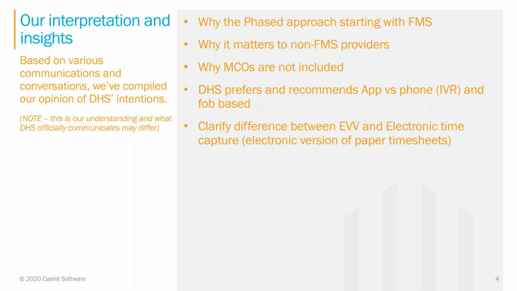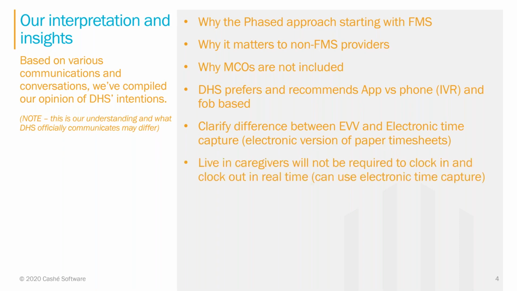It essentially means you could enter time after the fact, or enter a number of days in a batch mode, and having this information electronically transmitted makes it easier in situations where it applies. For example, live-in caregivers are one group that DHS has indicated will not be required to clock in and clock out in real time.